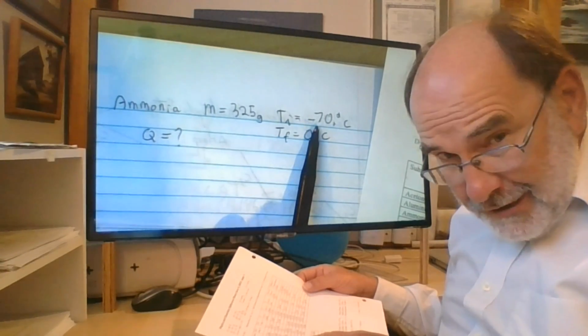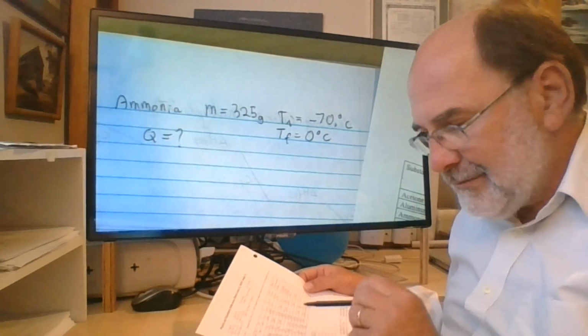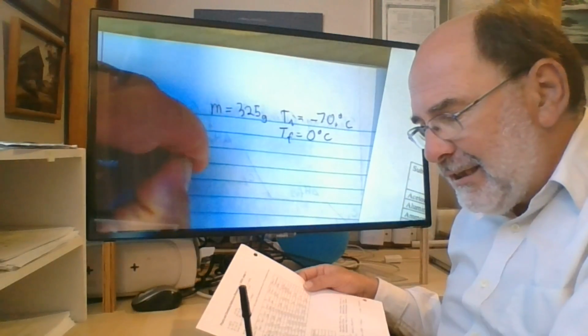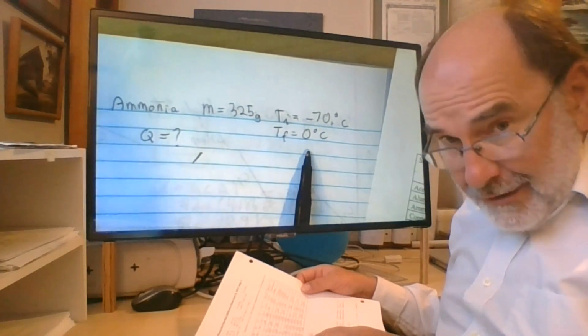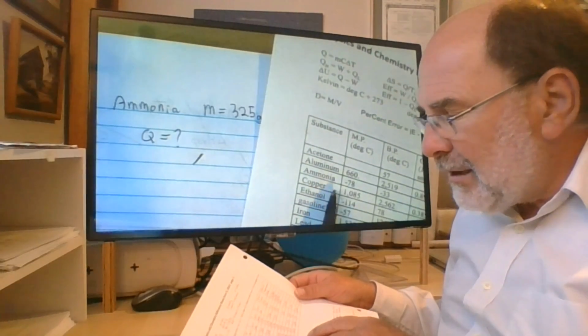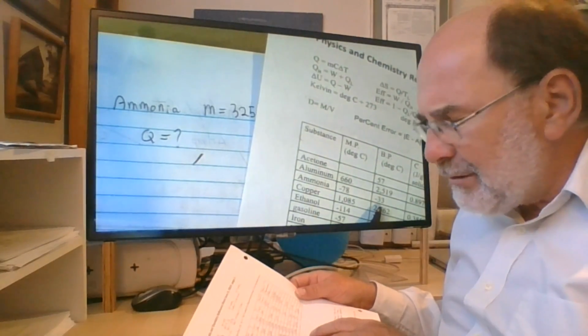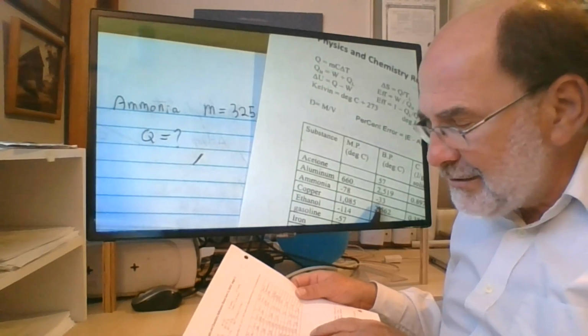And I'm starting at negative 70 degrees Celsius. So it's starting in the solid state. So first I'm going to have to heat the solid. Remember this is ammonia, not water. So ammonia boils at negative 33 degrees Celsius.